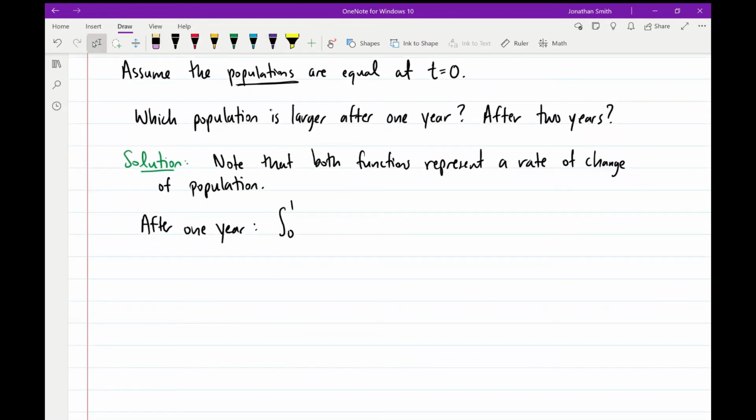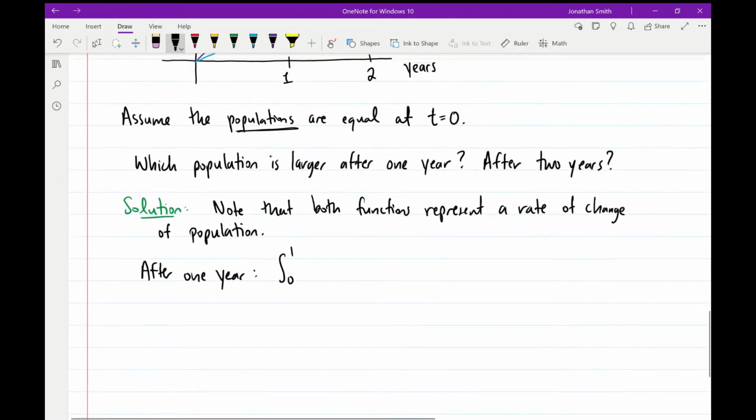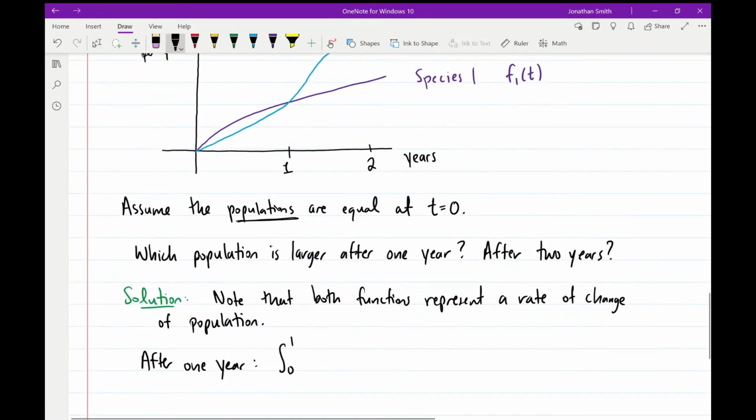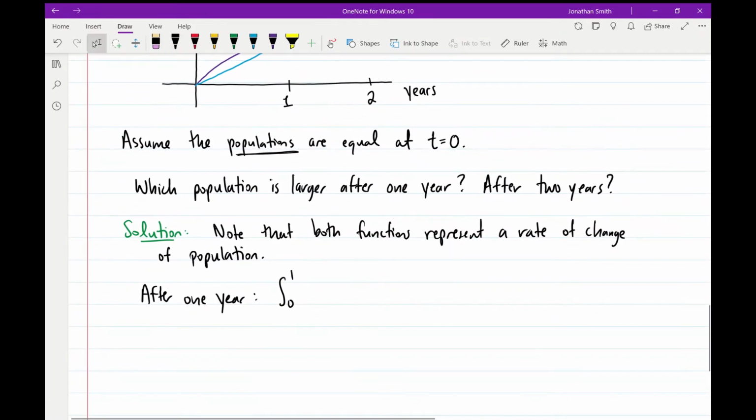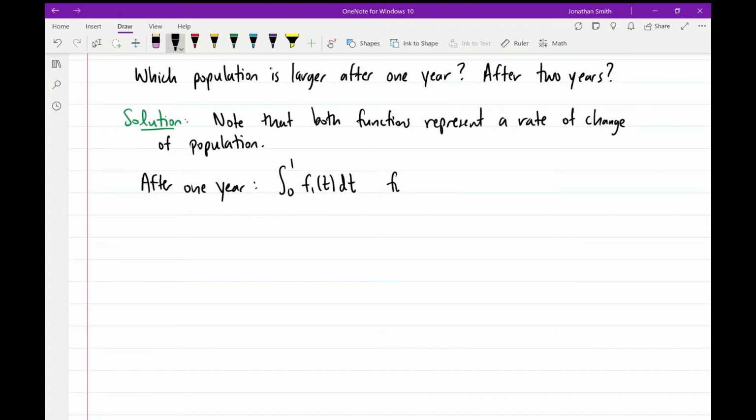So after 1 year, if I want the total change in the population of species 1, I'll put in an f sub 1 of t here, dt. So this is the total change for species 1. And this integral from 0 to 1 of f sub 2 of t dt is the total change for species 2.